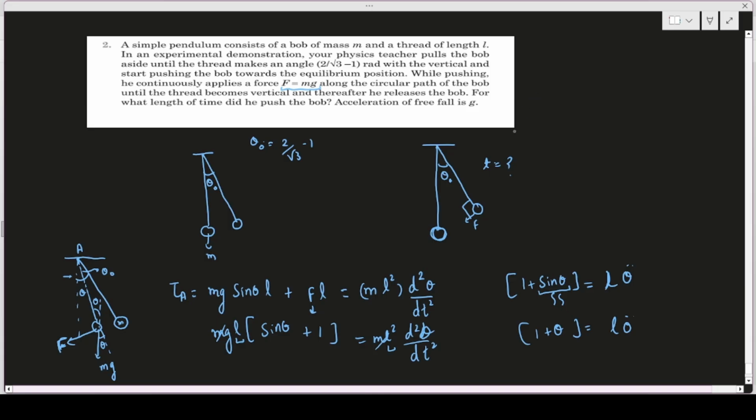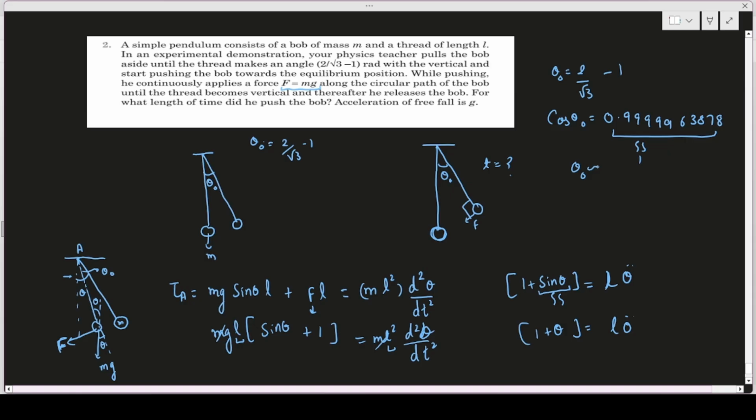What's the reason behind this approximation? The maximum angle to which the bob is pulled is theta naught equal to 2 by under root 3 minus 1. When you calculate cos theta naught, open your calculator and see the value: it comes to be 0.99999963878, which is approximately 1.